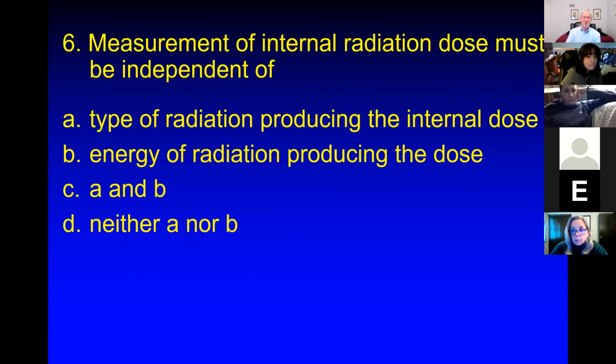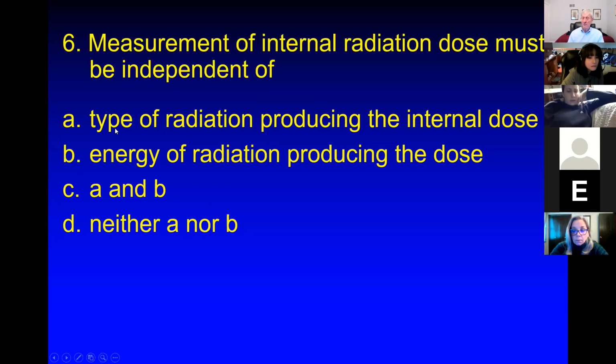Measurement of internal dose must be independent of which one? A or B or both or neither? C, A and B, sure.